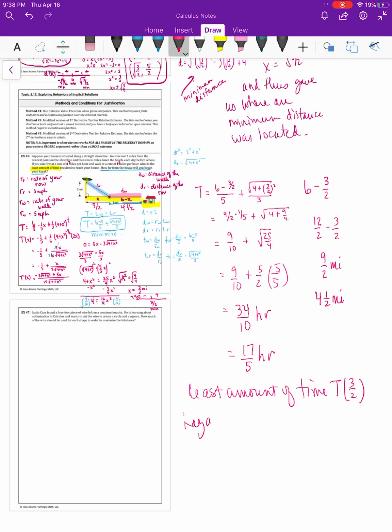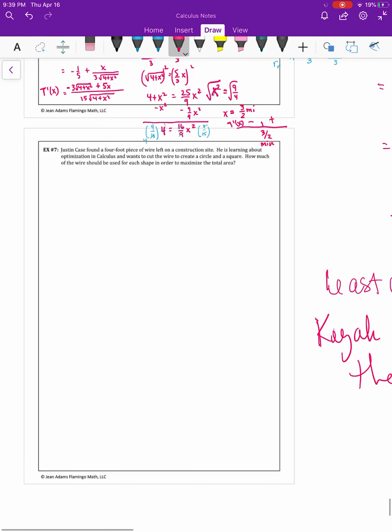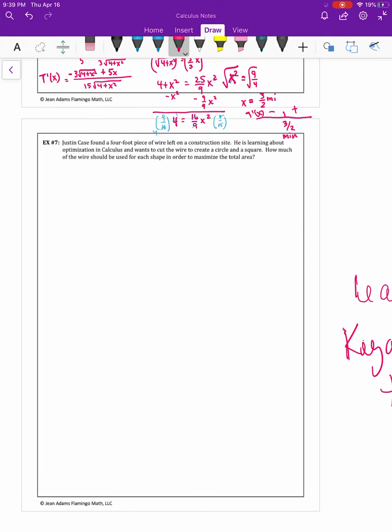That would have been, since our x was here, this was our 1.5 miles, so this was our 4.5 miles. So it was 4.5 miles away from the house that we beached our kayak. I'm going to put kayak beached 4.5 miles from the house. Okay.